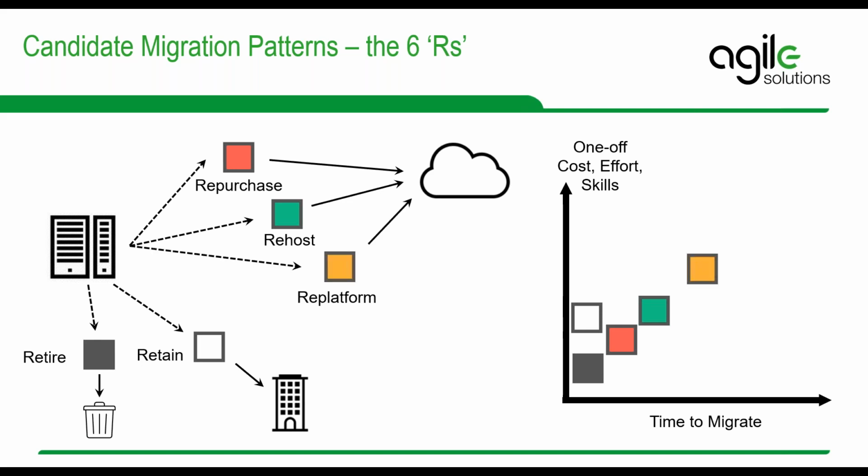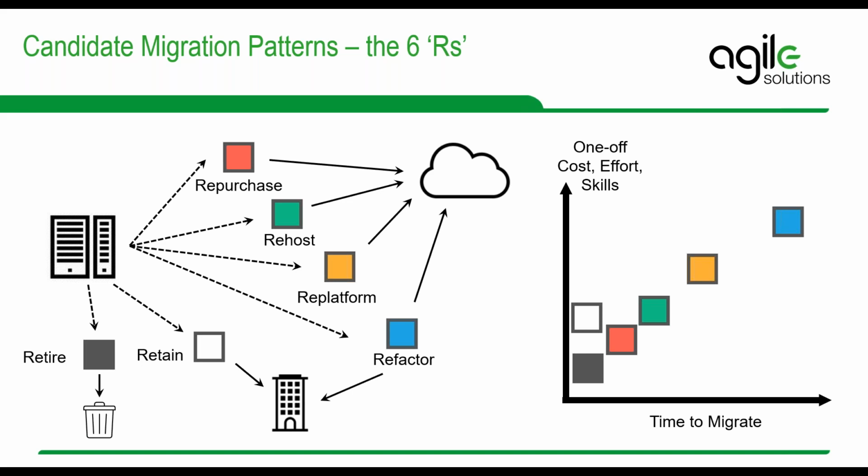Replatform is where we take the opportunity while we're moving to take immediate advantage of some of the services that are available in the cloud, but it's not a wholesale restructuring of the entire workload. But that's what refactoring is, effectively, where we do a thorough fundamental restructuring of our workload to make the best possible use of the available cloud options.